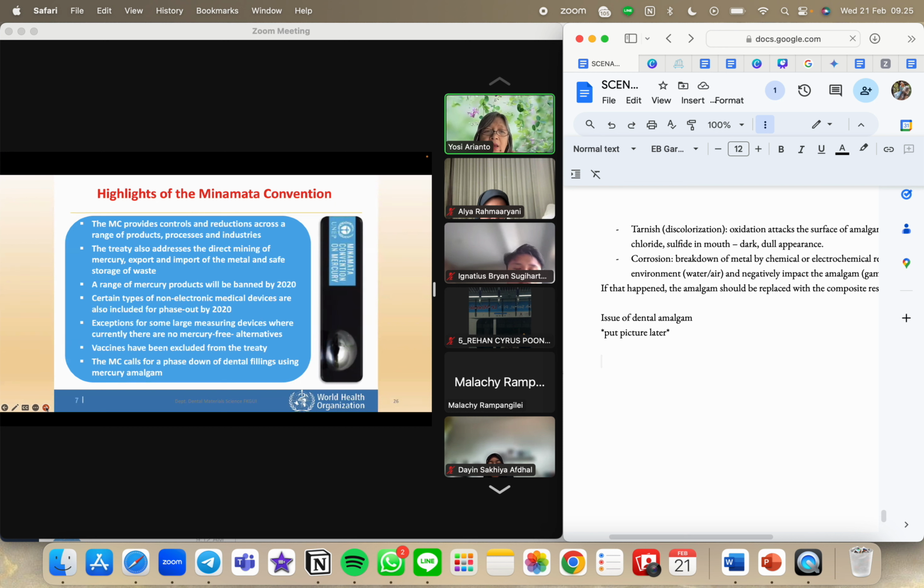Some products will be banned by 2020. Certain types of non-electric medical devices are also covered in 2020, with exceptions for some large measuring devices where currently there are no mercury-free alternatives.